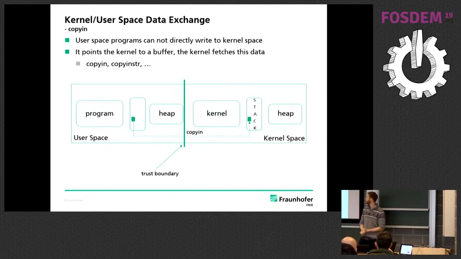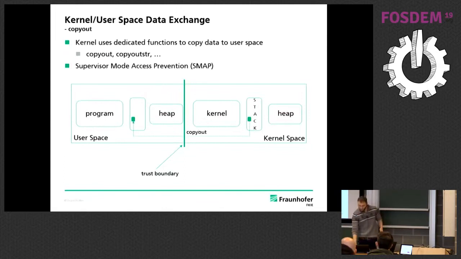Here in the slide, you can see there's some buffer on a user space stack, and it gets copied into the kernel stack, and some work is done. Again, there's this trust boundary between user space and kernel space. And now the really interesting thing, which this talk is all about, is copy out: getting data out safely and securely out of kernel space.